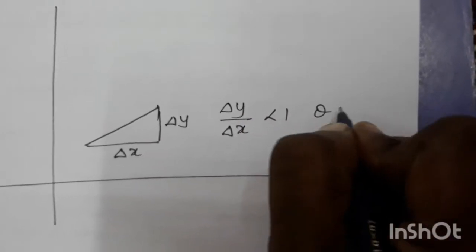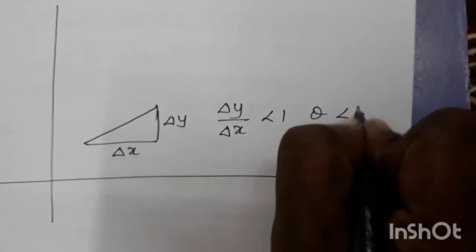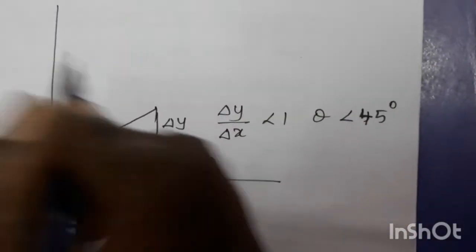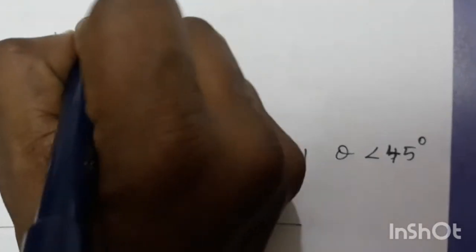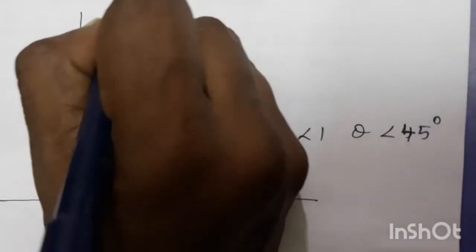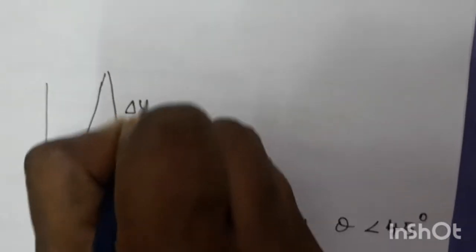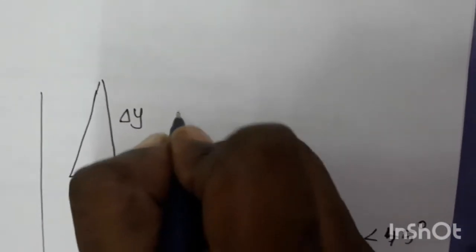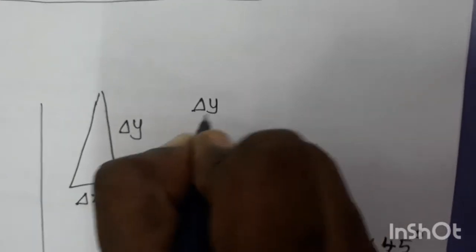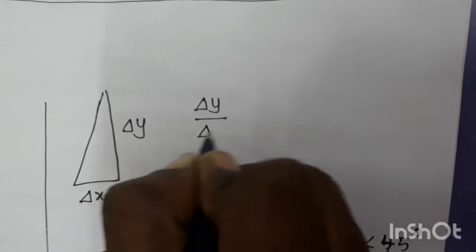So theta is less than 45 degrees. If we take a line like this, here del x, del y, so the del y is greater than del x.